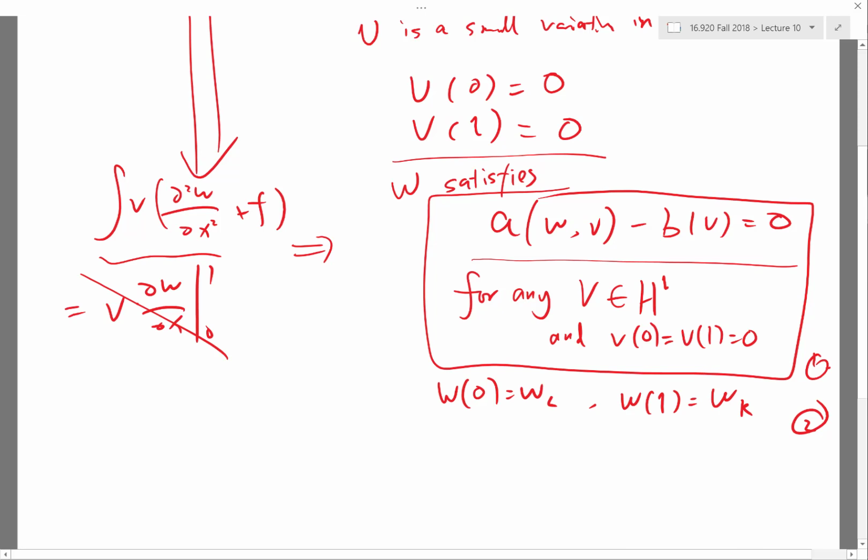Does it make sense? The first condition, the weak form, is that A(W,V) minus B(V) equal to 0 for any V within the Sobolev space with boundary conditions. The second condition is that W itself has to satisfy these boundary conditions.